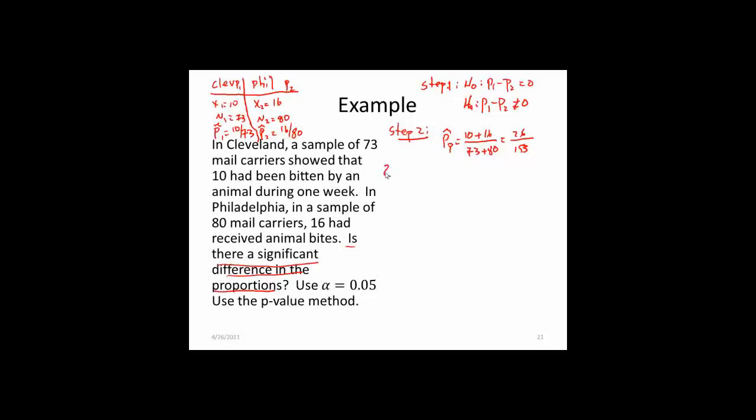So our z test statistic then is going to be p hat 1, which is 10 over 73, minus p hat 2, which is 16 over 80, divided by the square root of 26 over 153, times 1 minus 26 over 153, times 1 over 73 plus 1 over 80.